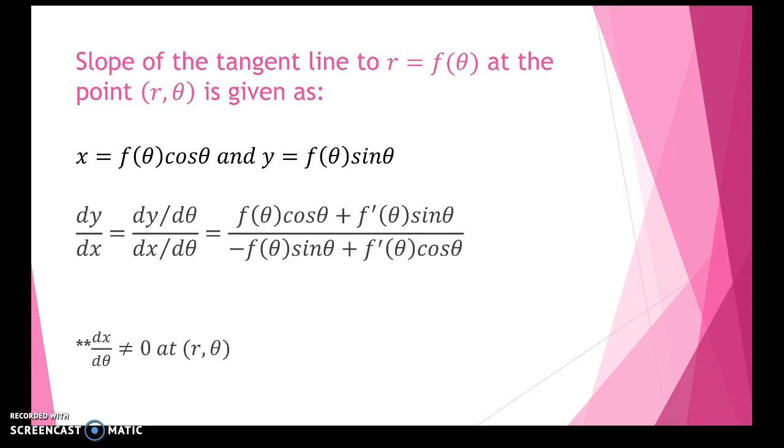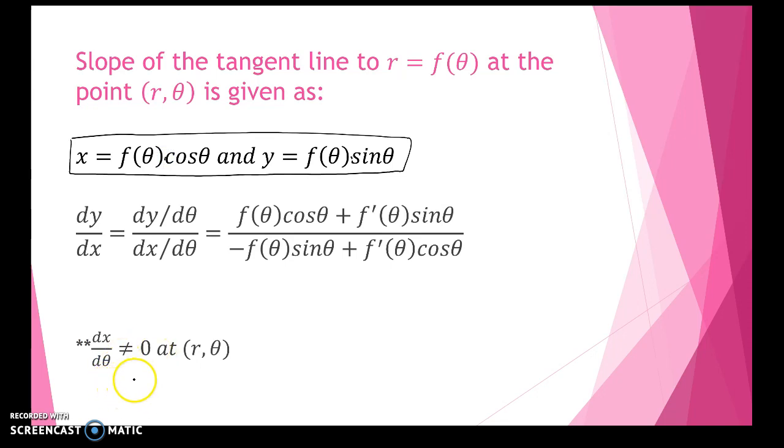What you need to know is first, you have to parametrically define the polar function. Then we apply the product rule to each of those individual functions for x and y. And of course, provided that dx/d theta is not 0 at some given point r, theta.